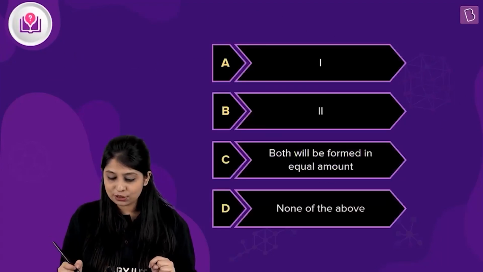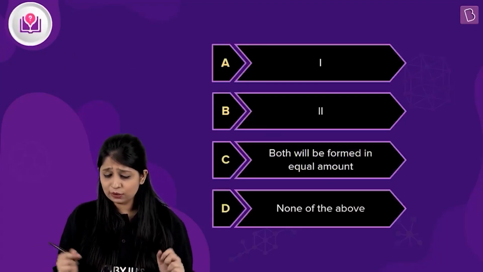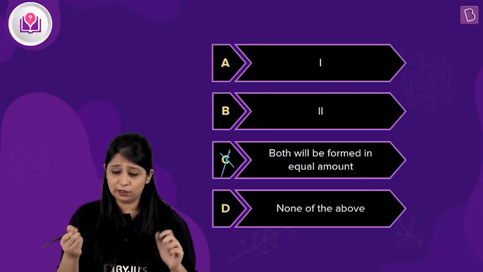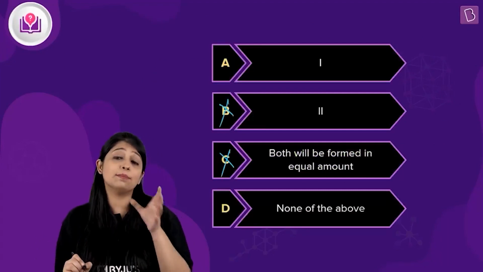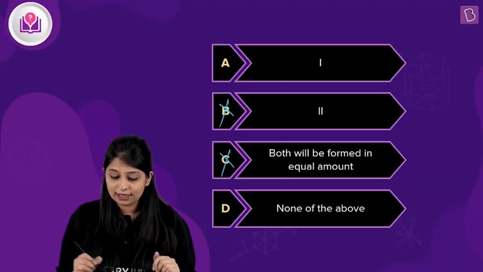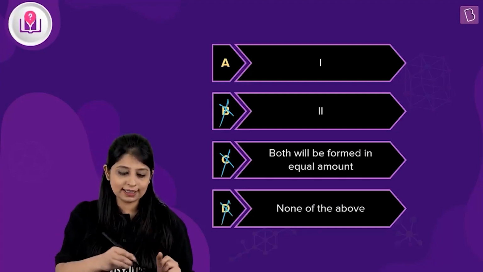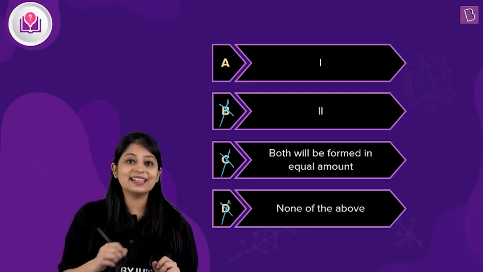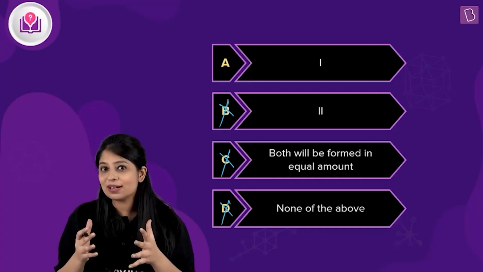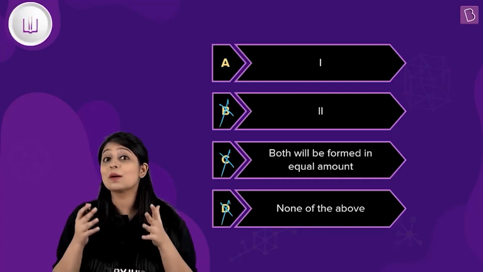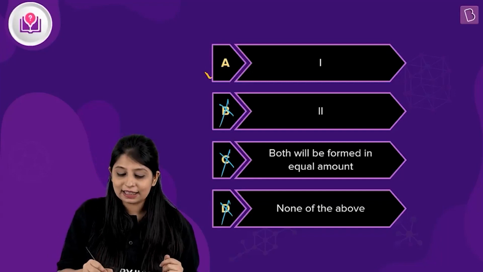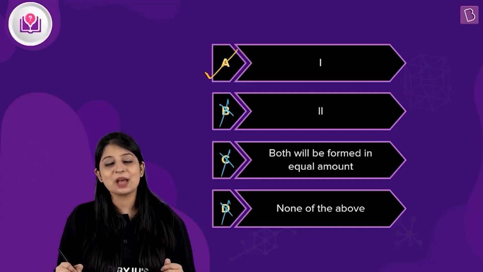Let's have a look at the options. We know that they are not going to be formed in equal amounts. The second product is also not the major product, and none of these is not correct. So which one is correct? Well, we know that the first product will be formed as the major product, and the correct option to this question is option A.